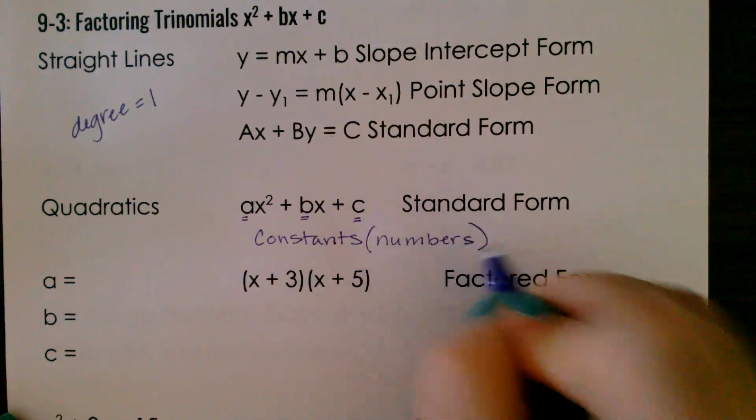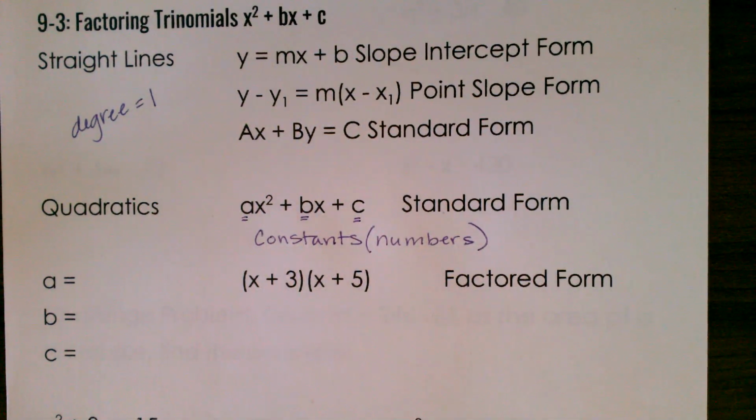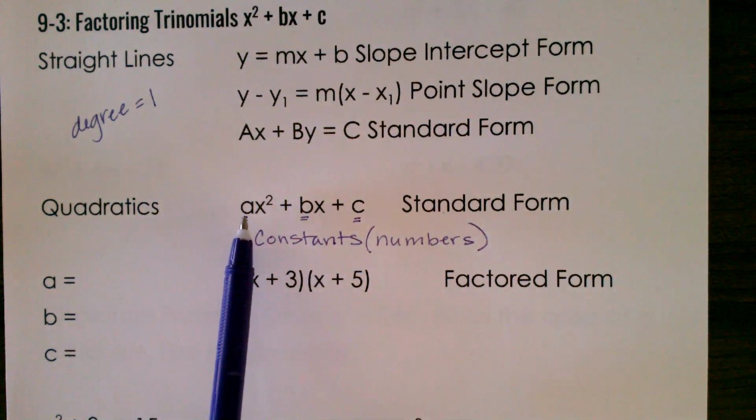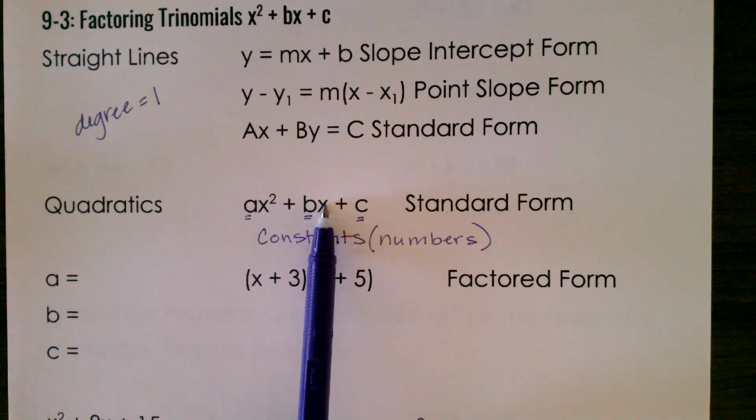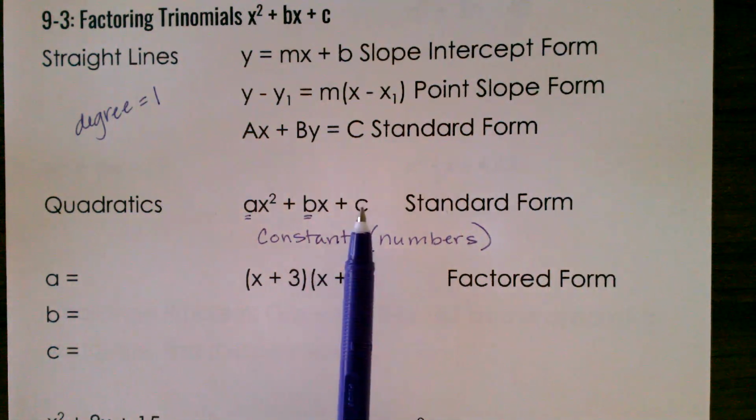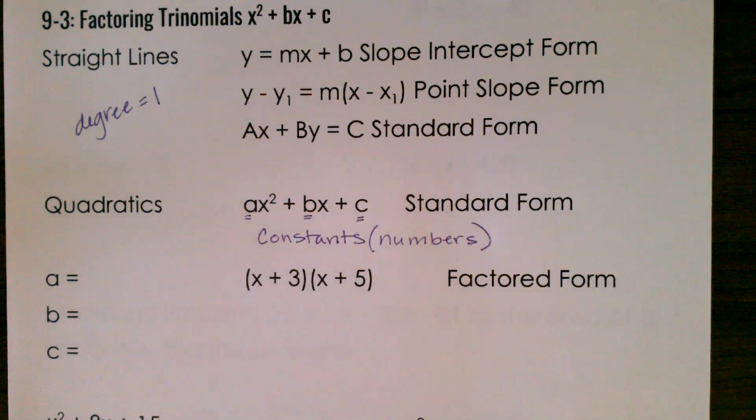And in this case, we're going to only continue working with real and rational numbers. Most of what we will be doing will be integers. Once in a while, I might throw a fraction in there, but it will be a pretty nice fraction to work with. A is always the constant in front of the squared. B is always the constant in front of the variable to the first term. C will just be the number by itself.